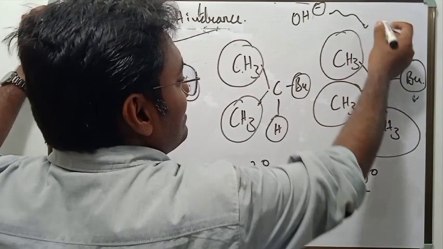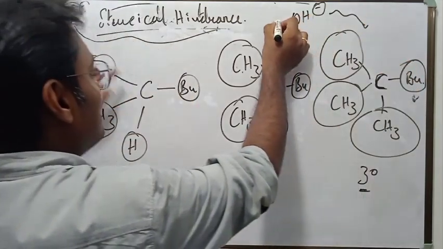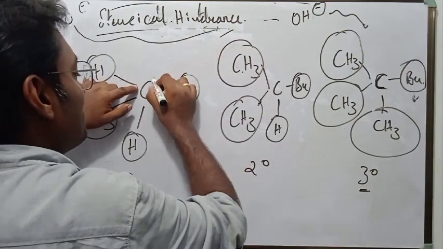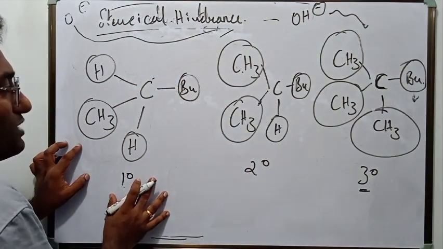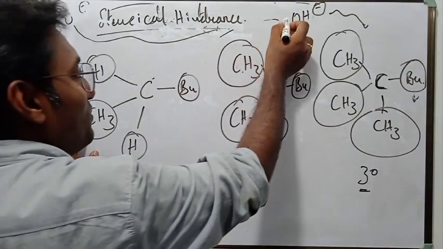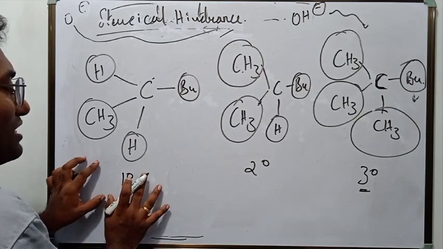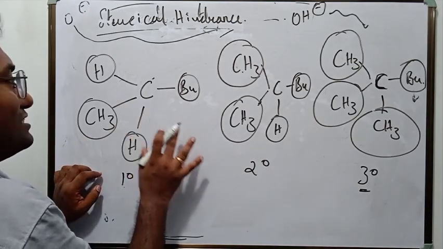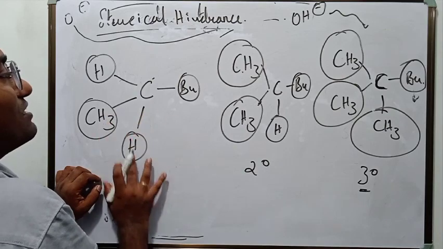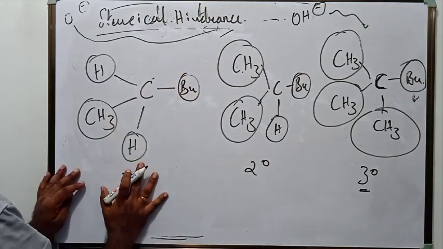It is very difficult to attack this carbon, but it is very easy to attack this carbon, because there is no steric hindrance in primary alkyl halide. So collision can comfortably take place in a primary alkyl halide. Therefore primary alkyl halide will undergo SN2 reaction, because that is what requires a collision.